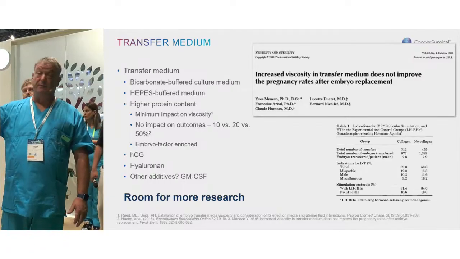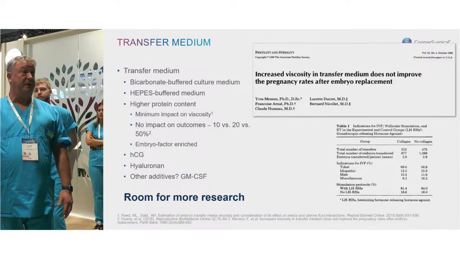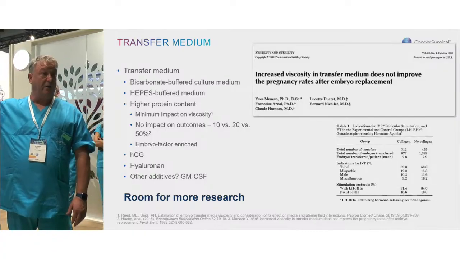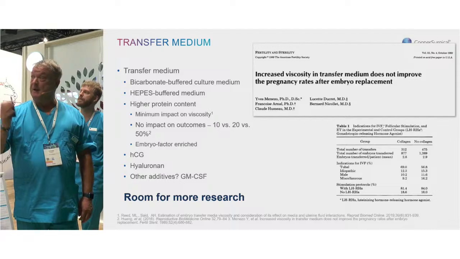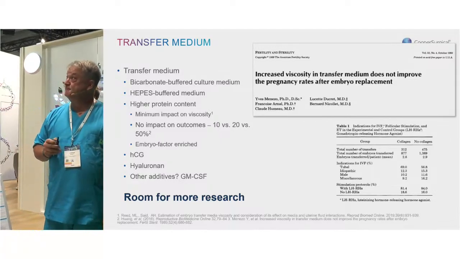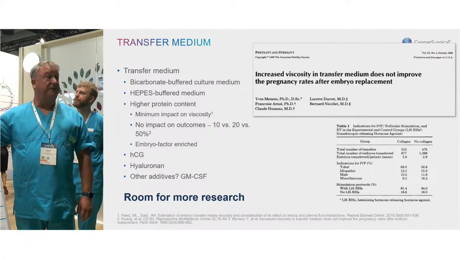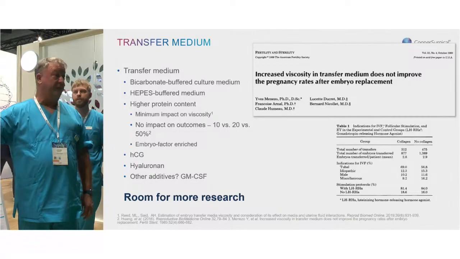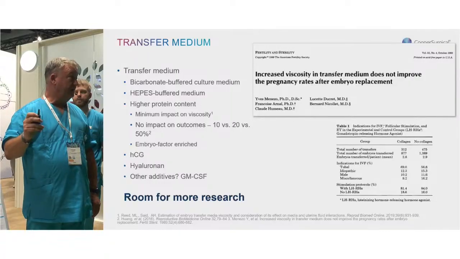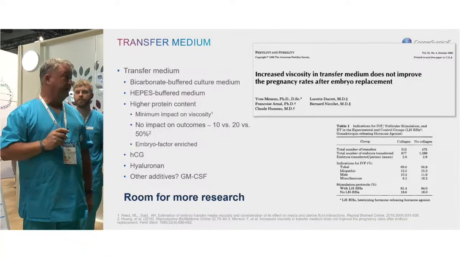Or we can use some specific embryo transfer media, those that contain hyaluronan, or now we see some that have GMCSF, a cytokine. Whichever of these transfer medium that you use, it's imperative that at the time of transfer, that medium is optimized.